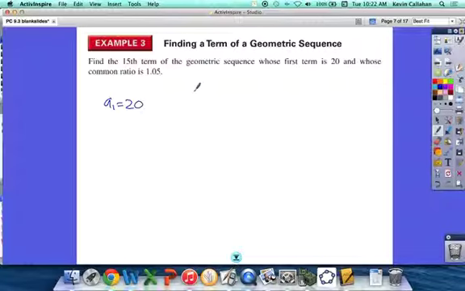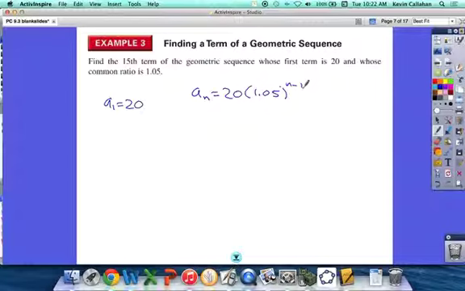The formula for the nth term would be a_n equals 20 times 1.05 to the n minus 1. And if I want to find the 15th term, then just plug in n equals 15.